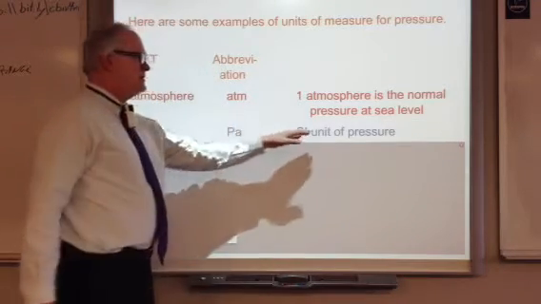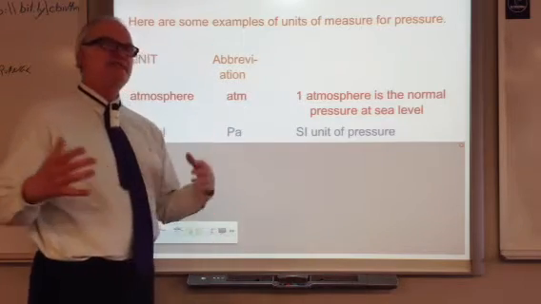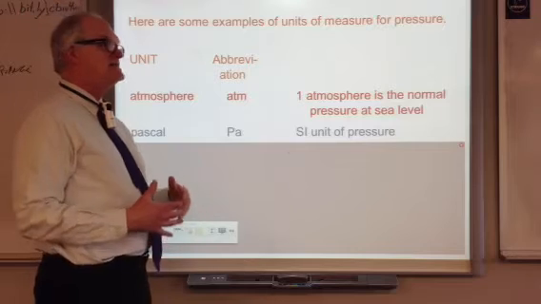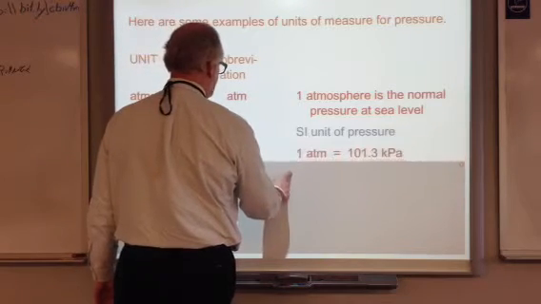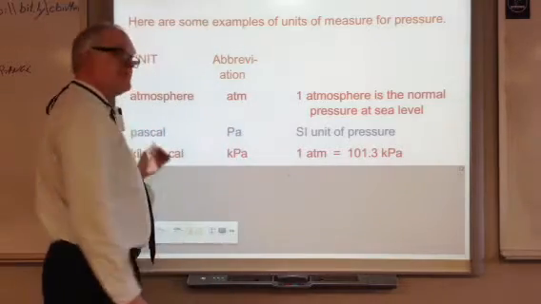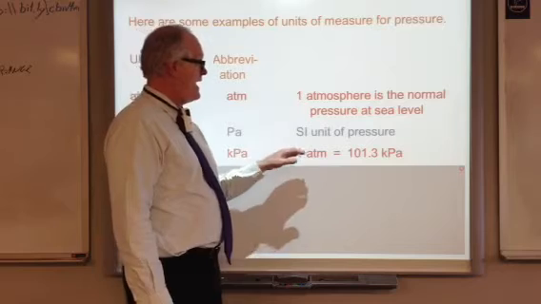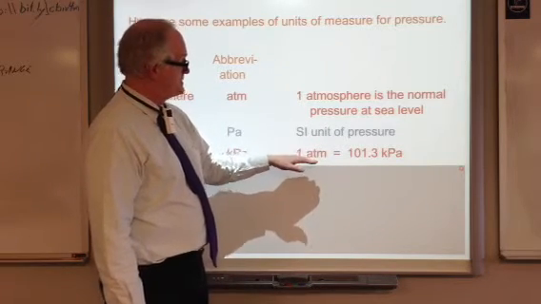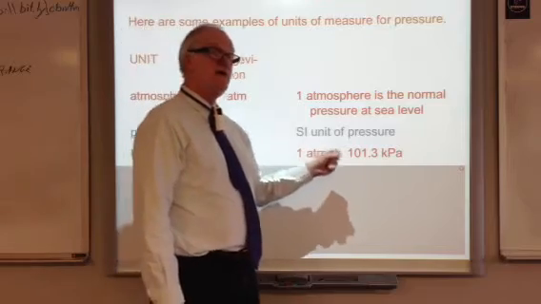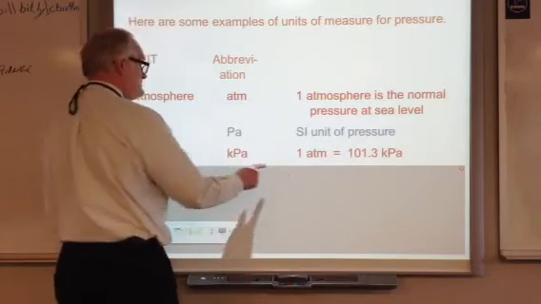The SI unit of pressure is the Pascal, which has the abbreviation Pa, but it doesn't get used very often because it's a relatively small unit. And so what gets used more often is the kilopascal, 1,000 pascals, with the abbreviation kPa. And here's a relationship that's important: 1 atmosphere equals 101.3 kilopascals. We may have to use that sometime.